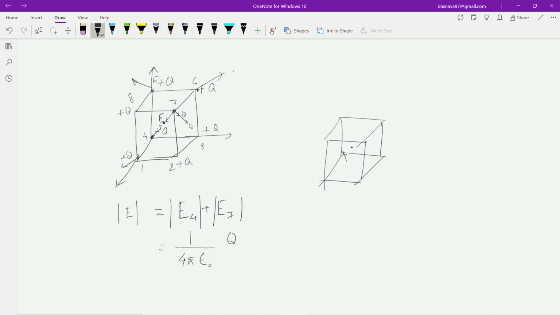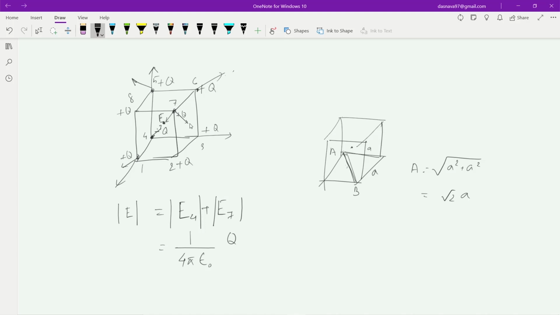First of all, we'll find this by Pythagoras theorem. If this is side a and this is side a, then AB equals root over a square plus a square, that is root 2 a.